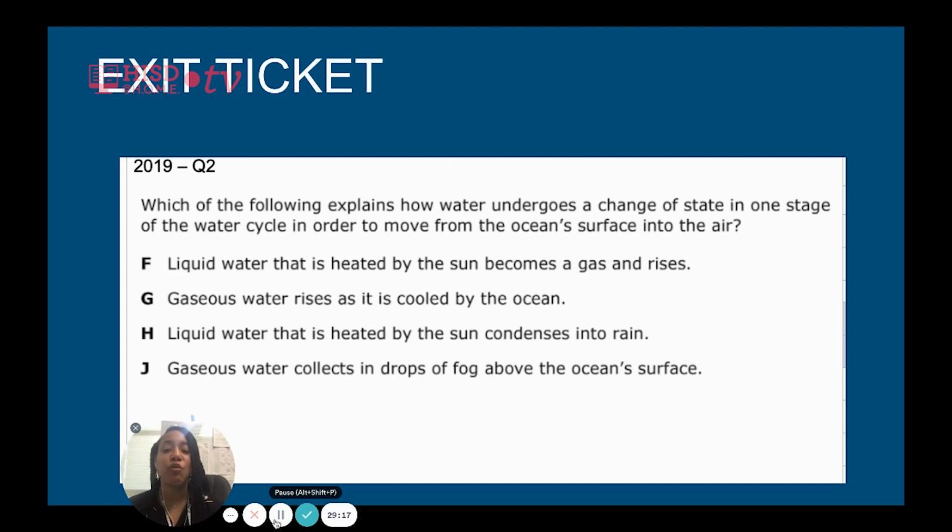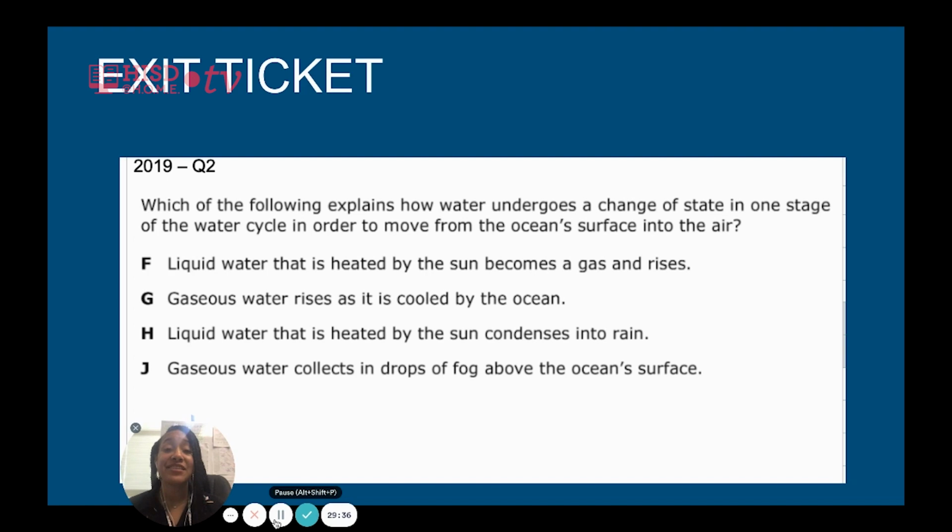Yes. So H, liquid water is heated up by the sun and condenses into rain. That definitely is not a correct description of evaporation. So we know that H is not the answer. So what is the correct answer to this question?